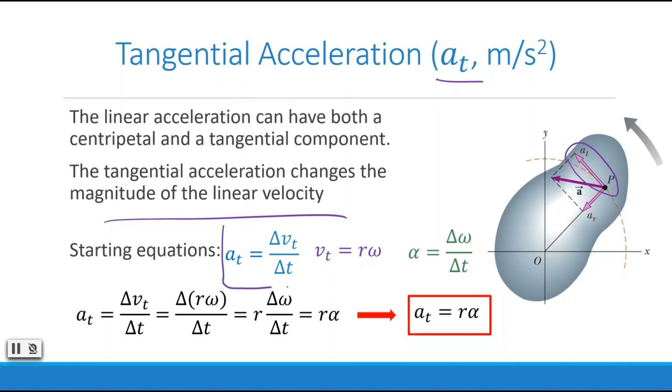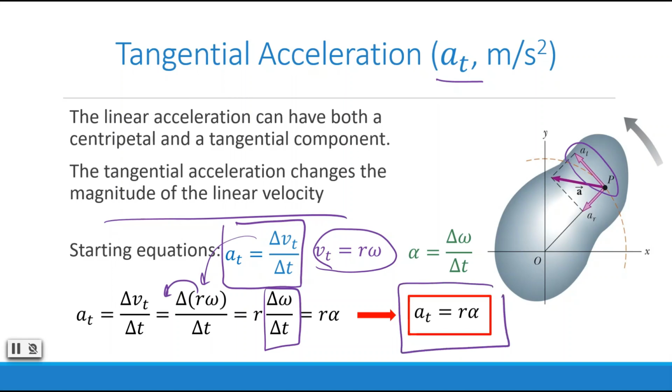So we define the tangential acceleration as the change in tangential speed over time. Once again, we can define v_t equal to r omega, so we can substitute that in up top here. Because the radius is assumed to be constant, we can pull it out in front, and then you get delta omega over delta t, which is our definition of alpha. So our tangential acceleration is r times our angular acceleration.